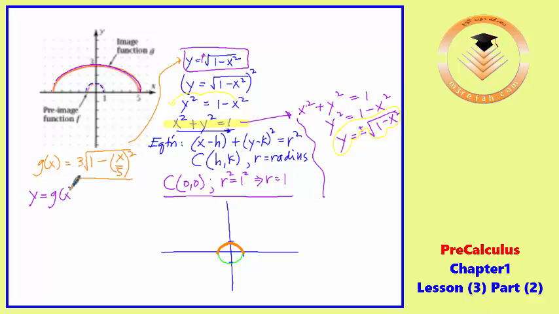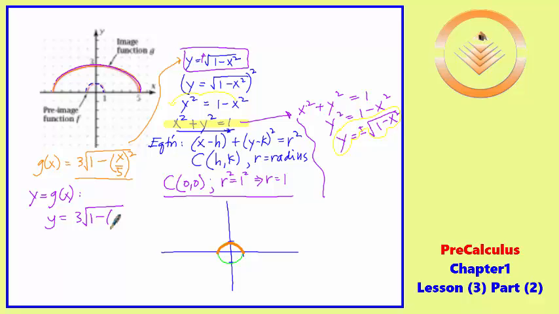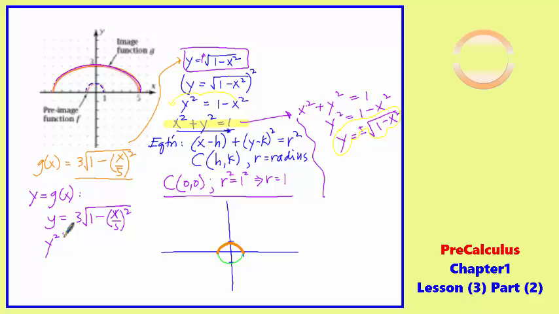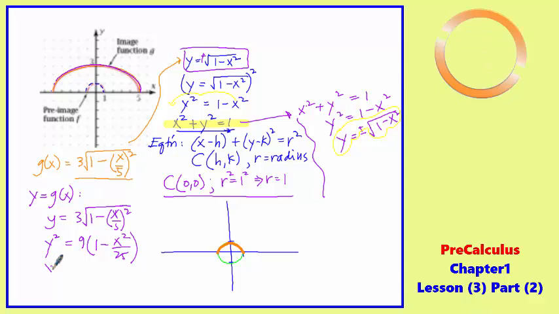y is equal to g of x. Then we're going to get y is equal to 3 square root of 1 minus (x over 5) squared. Squaring both sides will give us 9 times (1 minus x squared over 25). Dividing both sides by 9, we will get y squared over 9 is equal to 1 minus x squared over 25.